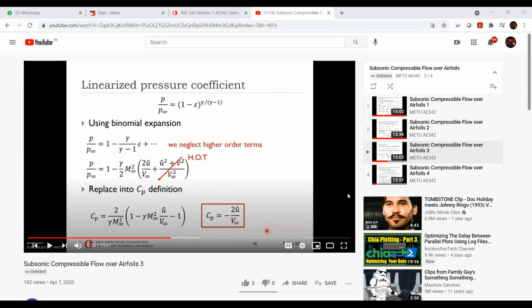This equation gives you the pressure coefficient around a thin airfoil for a subsonic compressible flow, by satisfying the linearized potential flow equation. So that's where we left off. We'll continue from there.